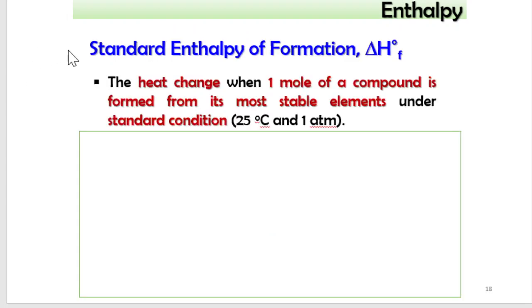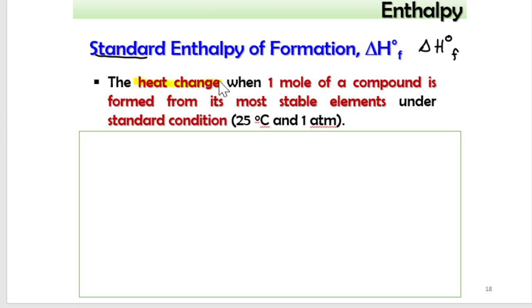Okay, kita akan tengok the first enthalpy, which is standard enthalpy of formation. Okay, so cara tulis this enthalpy is delta H. Okay, kalau dia cakap at standard condition, mesti lukis this small bulat here and F untuk formation. Okay, macam ni lah. And the definition is heat change.